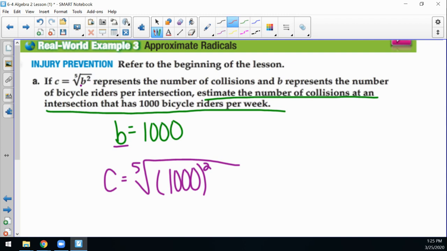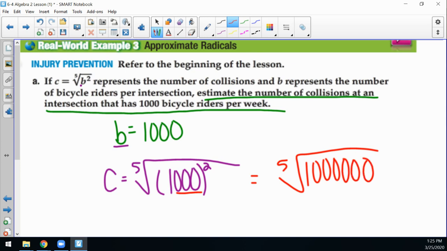And so a couple different ways we could do it. First way I could do it is to do this. I'll say it's the fifth root of 1,000 to the second power, which is 1 with 6 zeros, right? That's what 1,000 times 1,000 is. It's going to be 1,000,000. And then we take the fifth root of that.